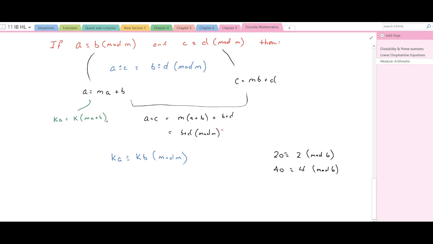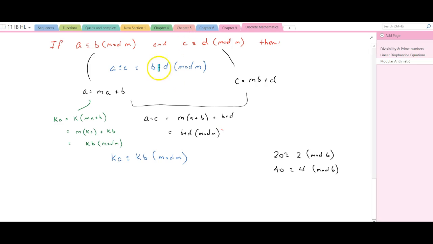And what that says in mod M is that it's M by kA plus kB. So what this is is kB in mod M. So kA will equal kB in mod M, and that's result 2.